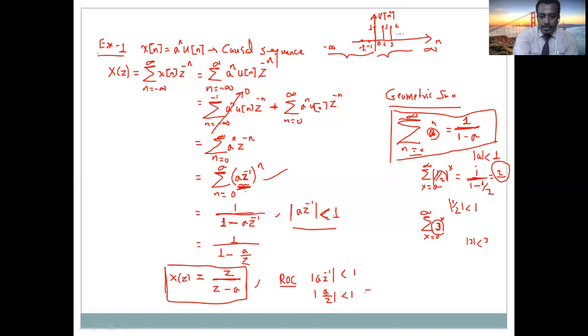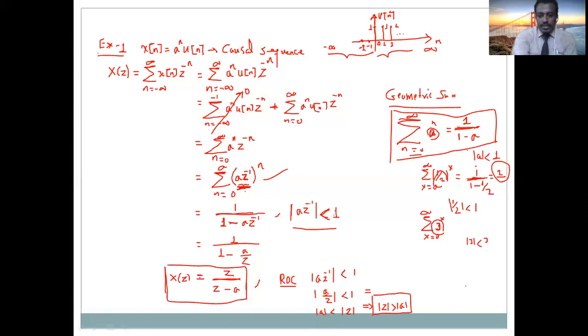You can take z to the other side: the absolute value of a is less than the absolute value of z, or you can say the absolute value of z is greater than the absolute value of a. This is our region of convergence.